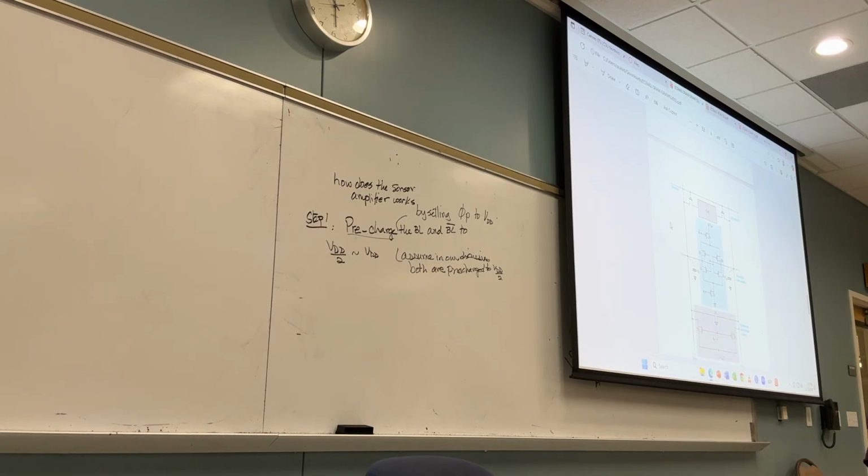Where is the operating point? Remember, in a back-to-back inverter, we have 3 operating points. 2 of them are stable, and the third one is metastable. Did you forget it? Where are we initially? We are at the metastable, which is what? VQ and VQ bar are both VDD over 2. What do they need? They need a push on one of them to go a little bit more than VDD over 2 to start the positive feedback.